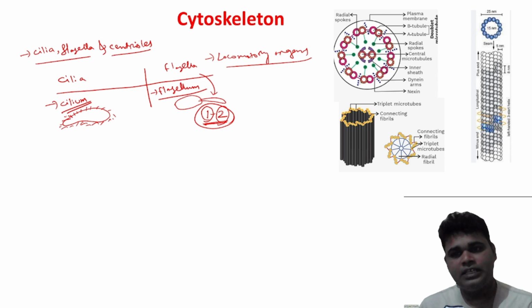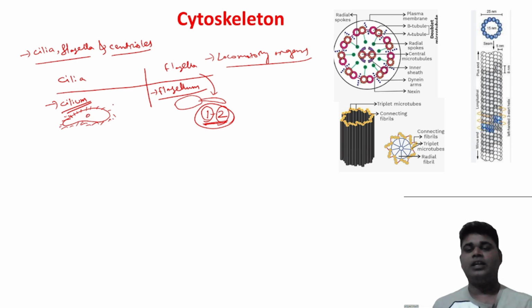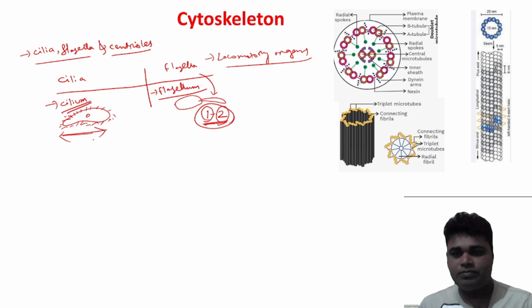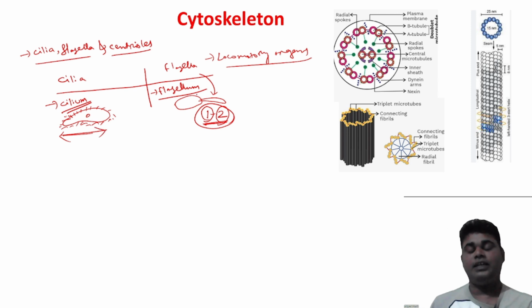For example, in the euglena, the flagellum is present. The paramecium looks like a slipper, so it is also called the slipper-like animalcule. In the paramecium, cilia are present, and in the euglena, the flagellum is present.